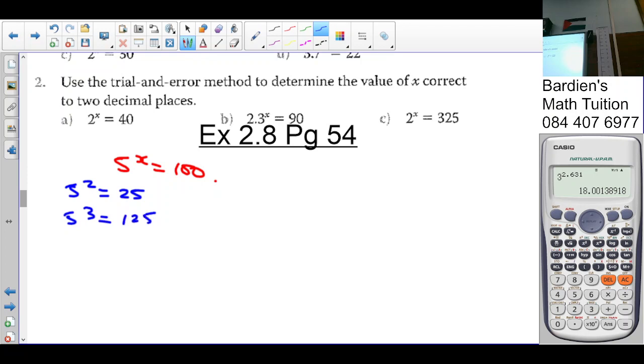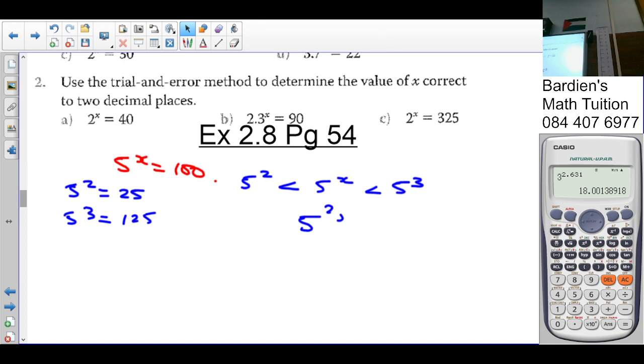Which means 5 to the x lies between 5 squared and 5 cubed. So this has to be 5 to the exponent 2 comma something. I'm going to give you a chance to work out the value. If you don't understand, bring your book to me and I'll try and explain.